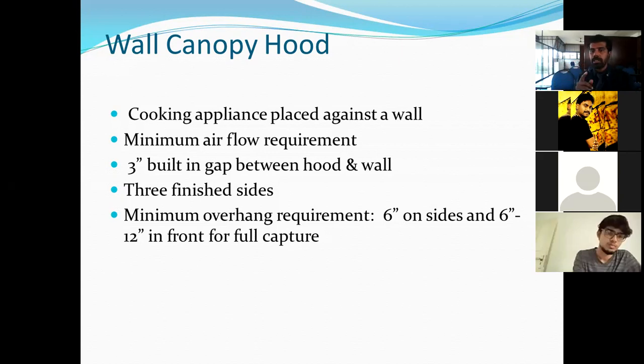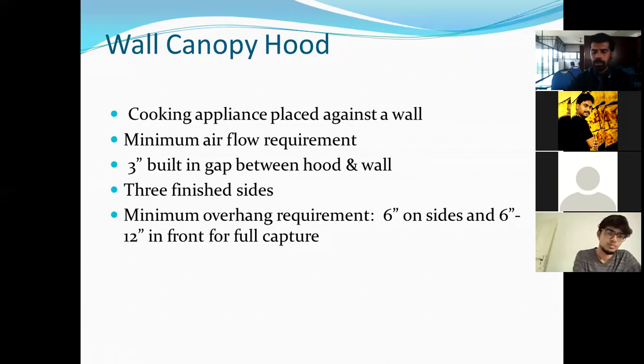This overhang method is the ASHRAE method. If you know how much overhang should be given on different sides, we can calculate according to that. If you know the size of the stove, we'll easily be able to know the size of the kitchen hood also. This overhang method is the ASHRAE method, and that formula method is the MACNA method.